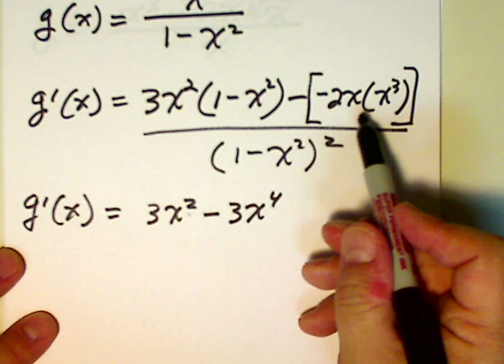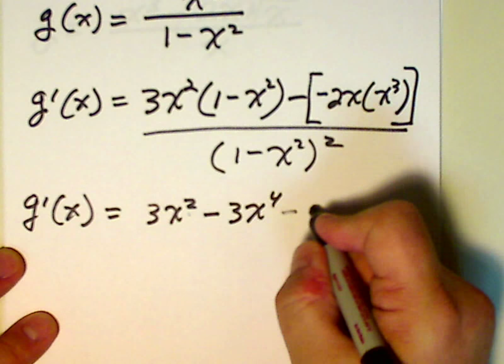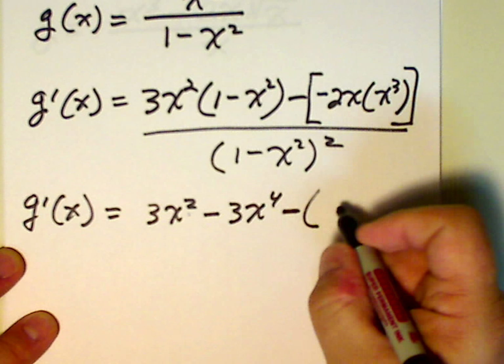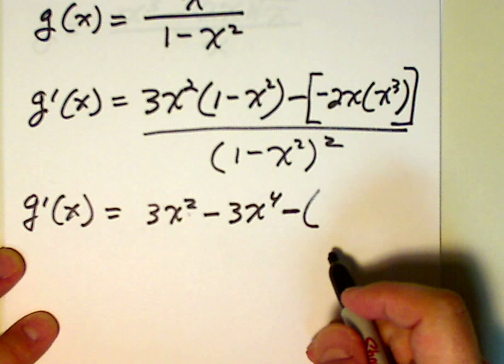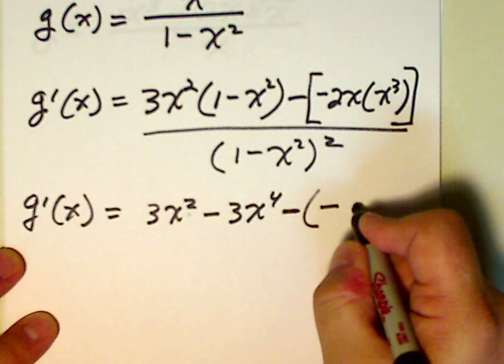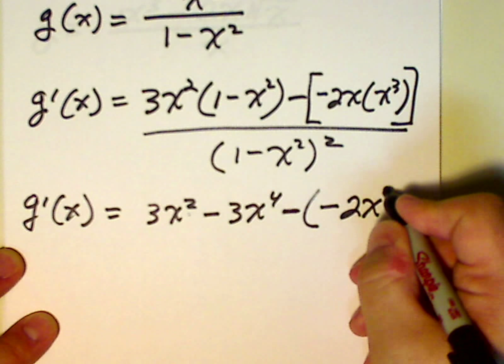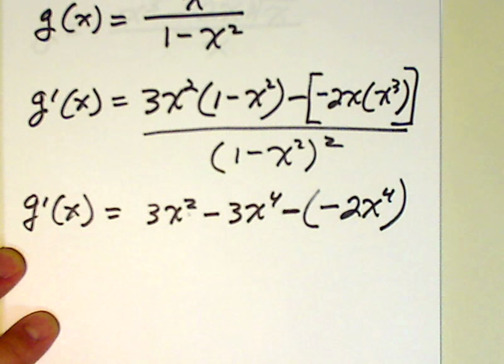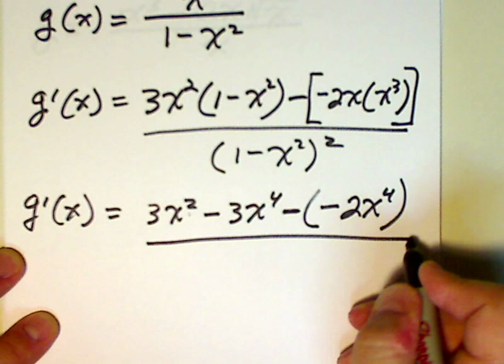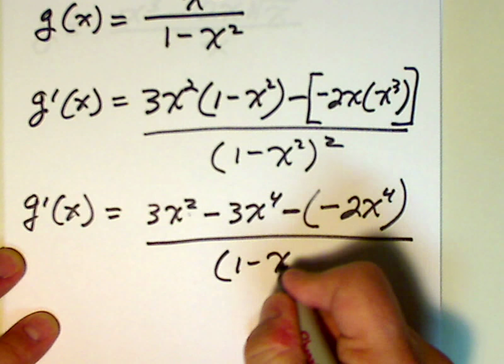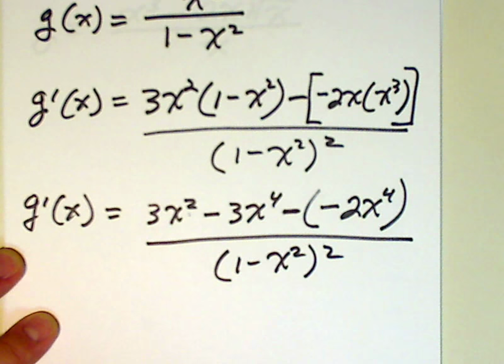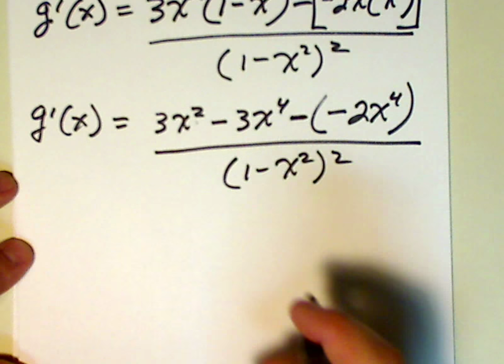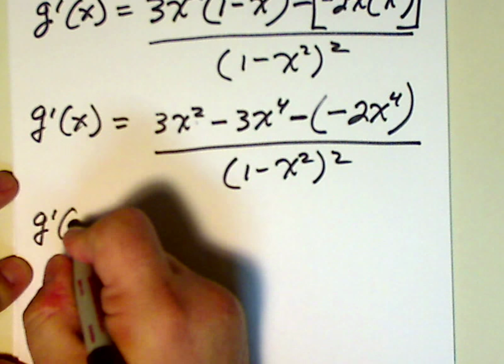And then, I think I'm just going to burn an extra step here. Minus negative 2x times x cubed is negative 2x to the 4th, divided by 1 minus x squared squared. Alright, let's move on.